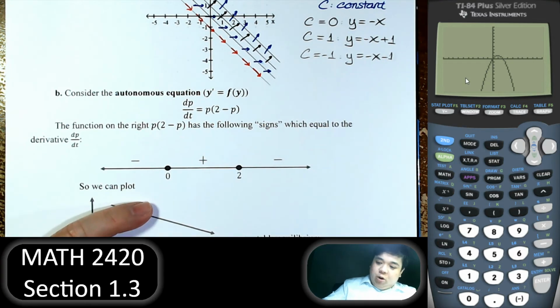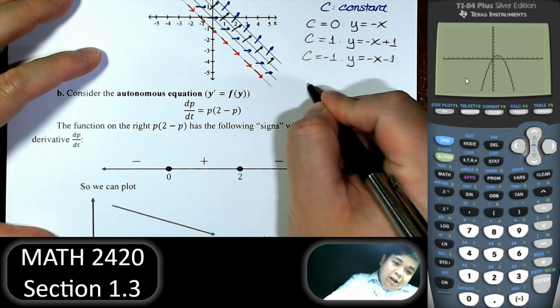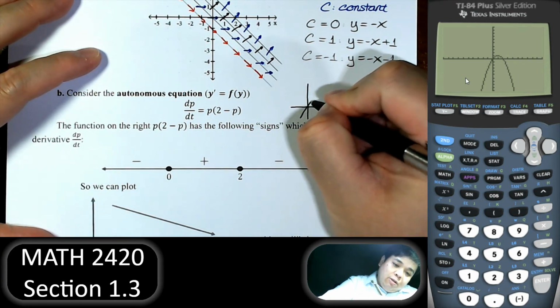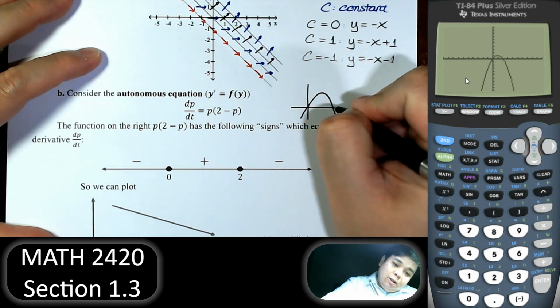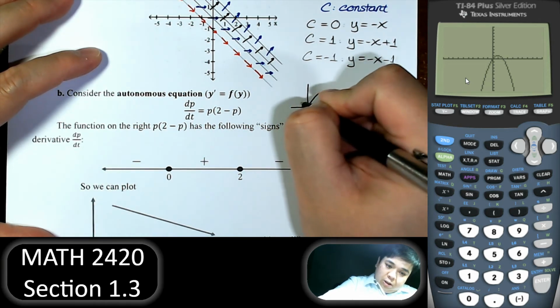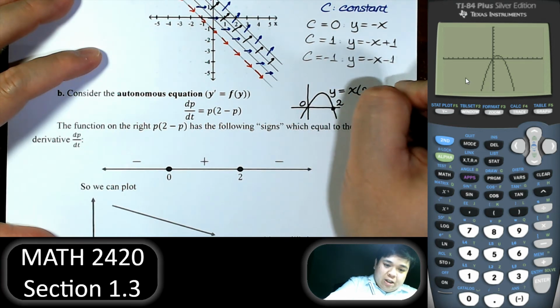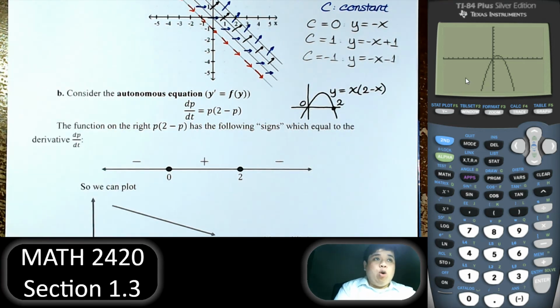I'm going to draw very small here. This is the function y equal to y times 2 minus y, a parabola that opens down.